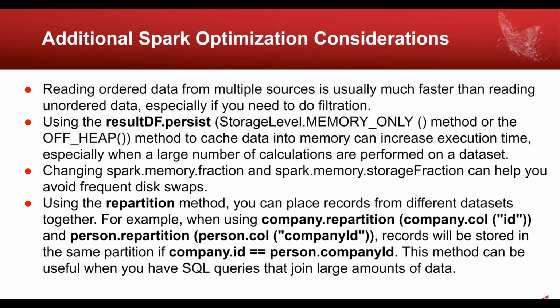By default, it's not working, but when you call the repartition method, it can change the location of entries in Spark, and in this case, your join will work faster. But this repartition can also take some time, so you should take into account that it can be a long operation. Okay, let's go forward.